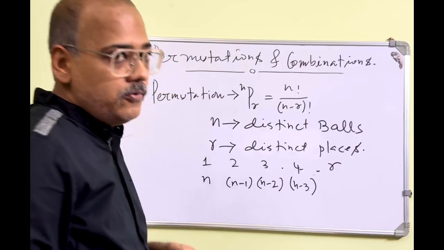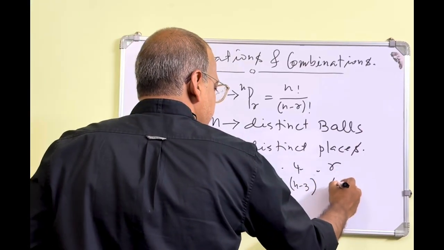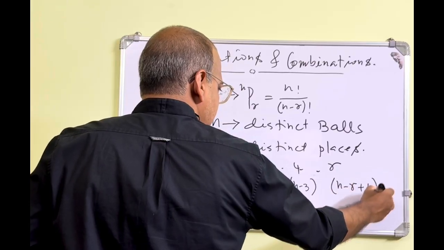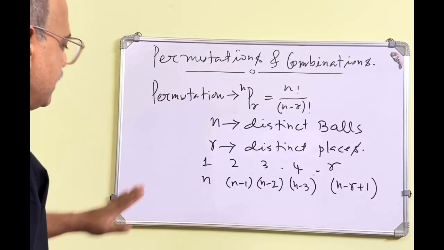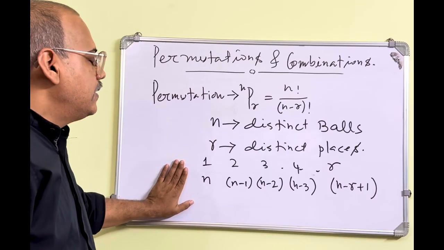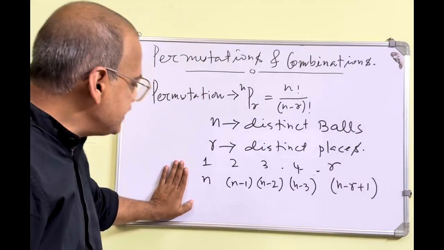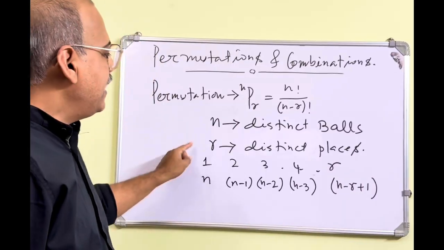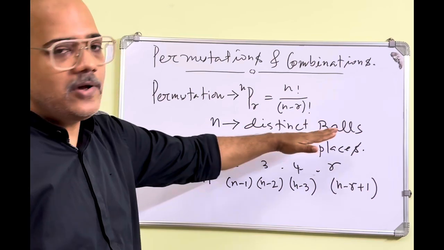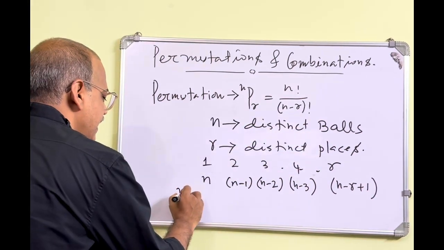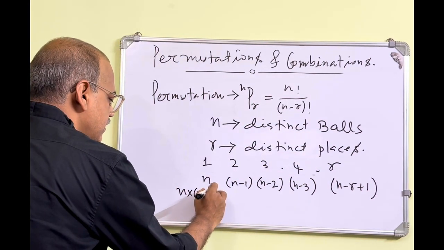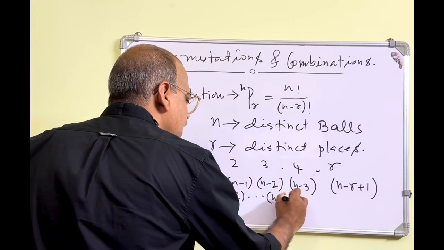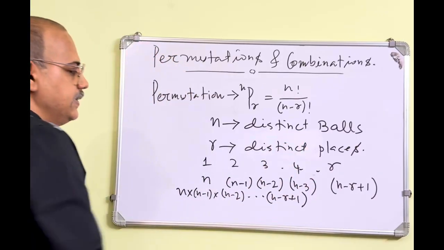So if it's r, what would it be? n minus r plus 1. Using the counting principle of multiplication, how many different ways can I fill r places with n balls? It definitely has to be n times n minus 1 times n minus 2 times ... times n minus r plus 1.